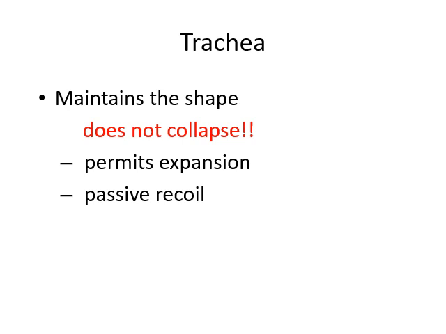It cannot collapse, okay? It can permit a little bit of expansion and a little bit of passive recoil, where it keeps its shape and does not collapse, right? That is the most important thing. Whether it expands a little is really not that important, and also the recoil, but you must remember that the trachea does not collapse. If it does, the person will die.